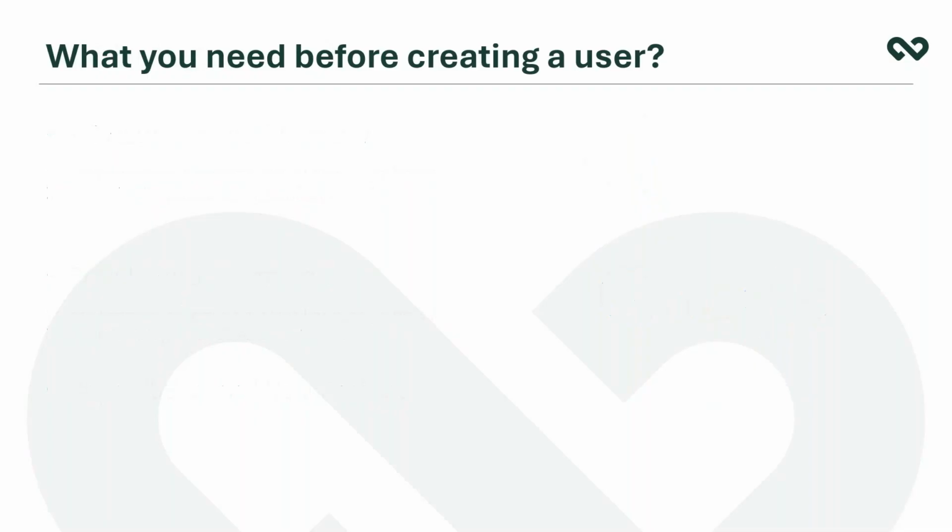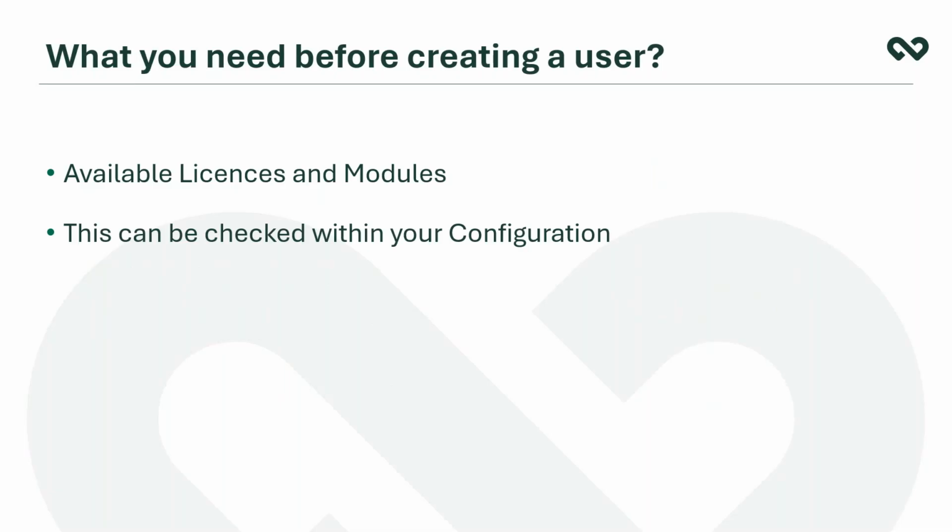So, what do you need to know before creating a new user? You'll need to check if you have the available licenses, the correct modules enabled, and if you have the available extensions. These can be checked within Workbooks, and I'll show you how to do it later, but it is within the configuration.